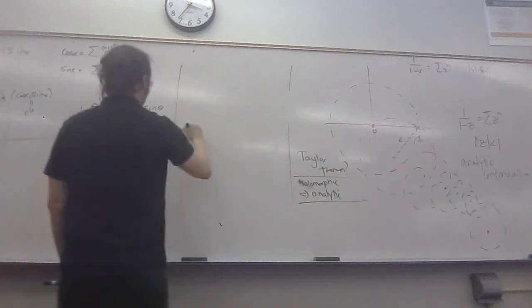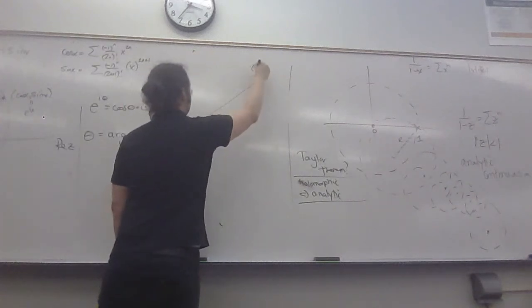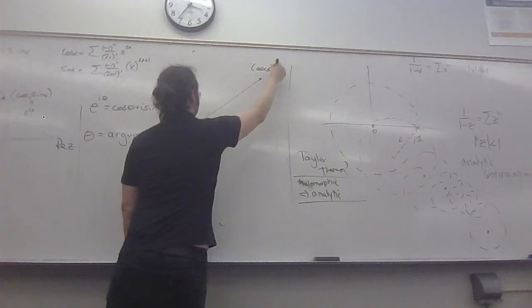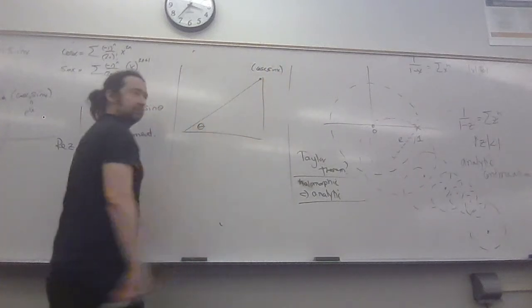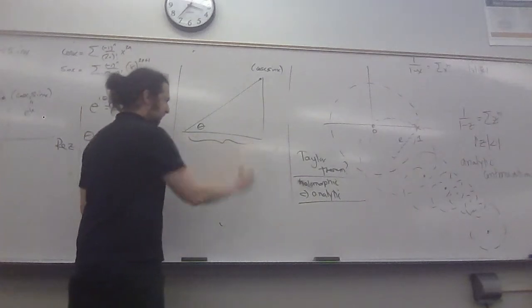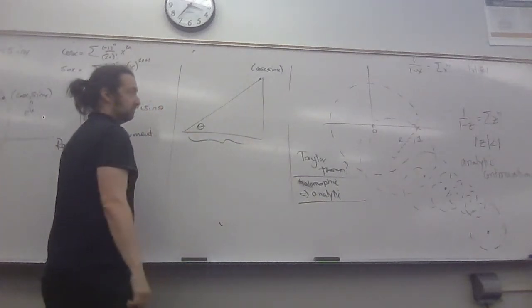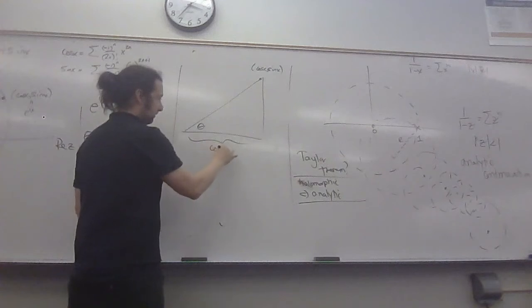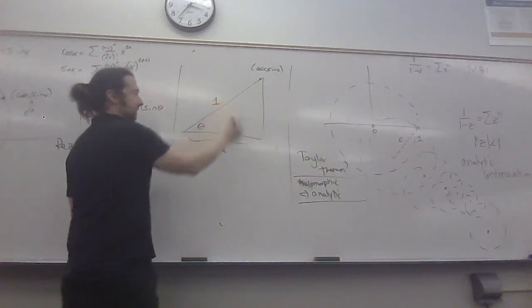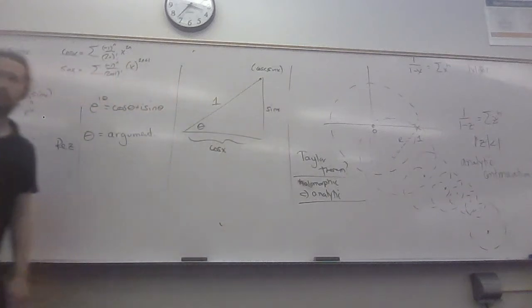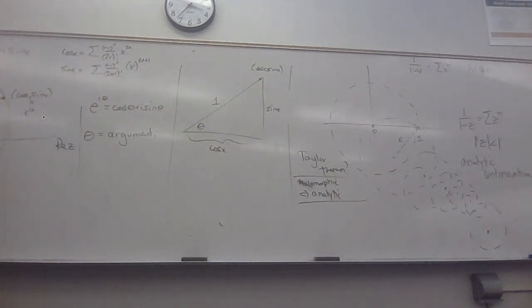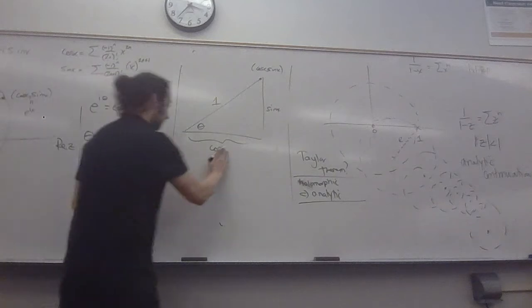If this point out here was cosine x, sine x, and this point right here was theta, how far would that side be? Cosine x. Well, it's just the unit circle version, like this, right? That's the unit circle version of the picture. Radius 1, cosine x, sine x. I don't know why I'm using x here. Sorry, cosine theta.